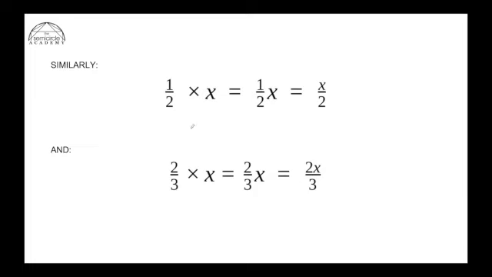So in this case we have another illustration where I have a half times x, and that could also be written as a half x, which is also x on 2, right? Remember, a half times x is a half multiplied by x on 1. So your numerator and your denominator, and you get x on 2.